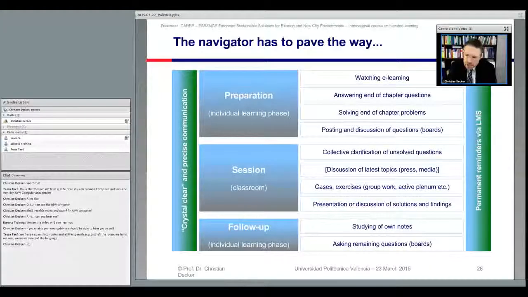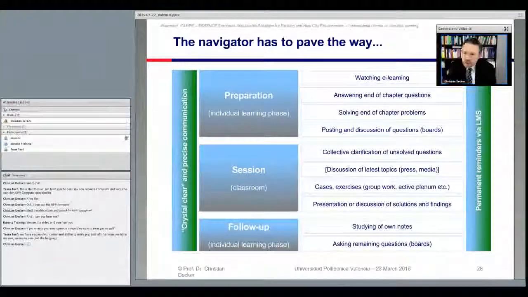Still, and this is what you will see from the following slides, students are highly involved. They are highly activated. And there are problems they have to work on which are not trivial. It's not that they are watching e-learning and then doing some calculations and then they go home.